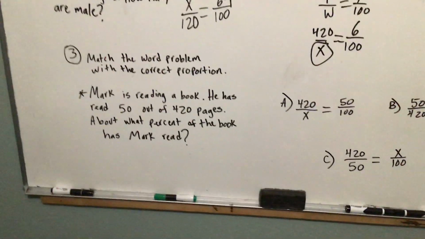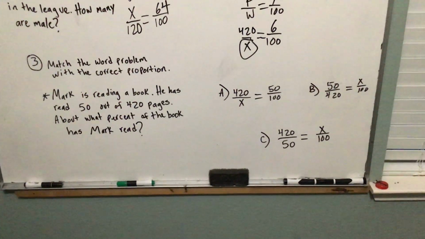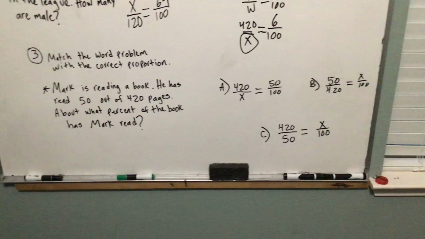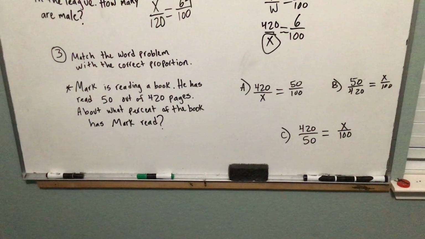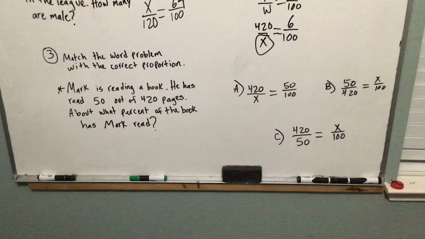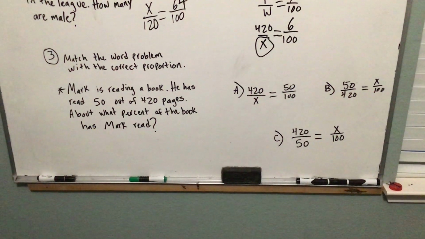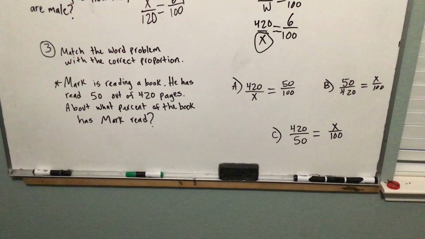Question number three says to match the word problem with the correct proportion. So we have three possible answer choices. And the question says, Mark is reading a book. He has read 50 out of 420 pages. About what percent of the book has he read?